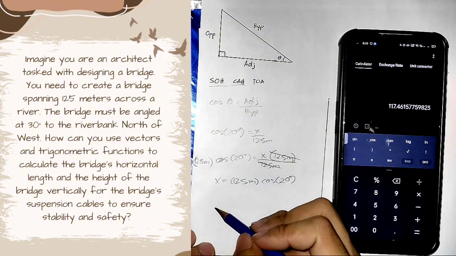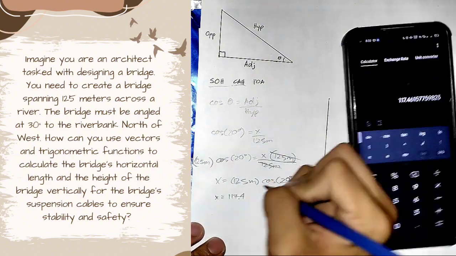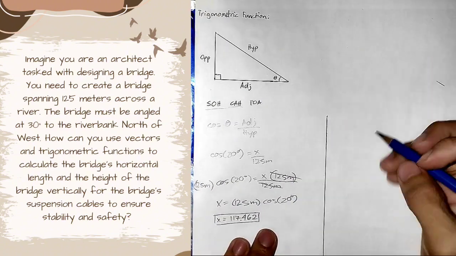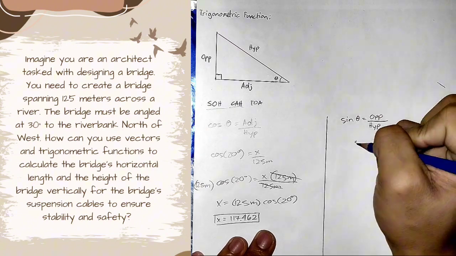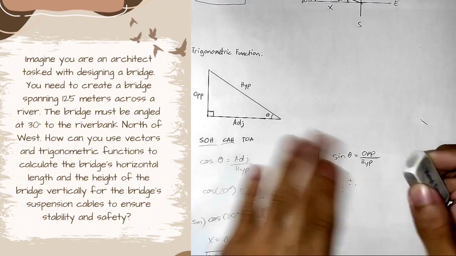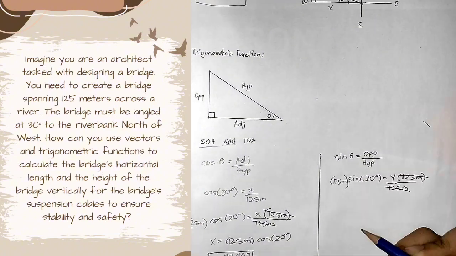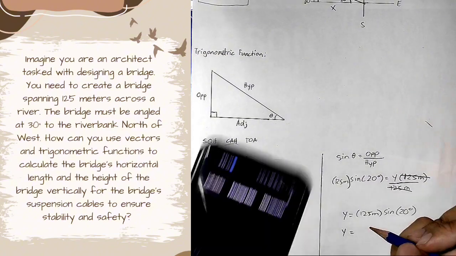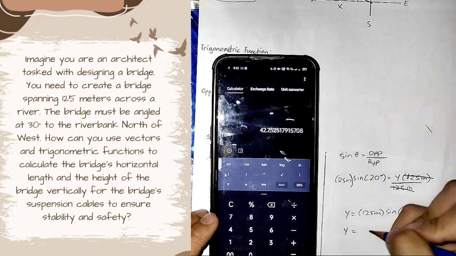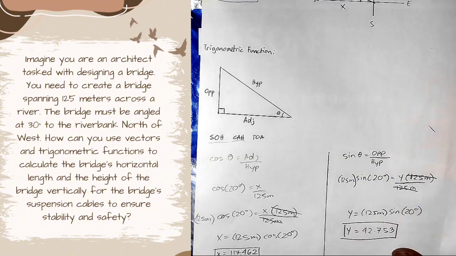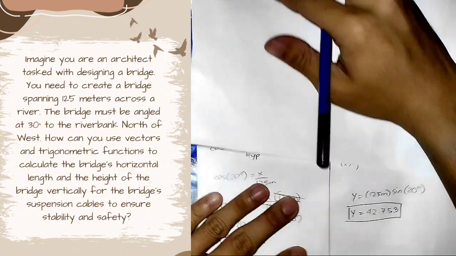The value of x is 117.462. Now let us solve for the value of the y component. So we substitute, derive, and then calculate. So the final value for our y component is 42.753.